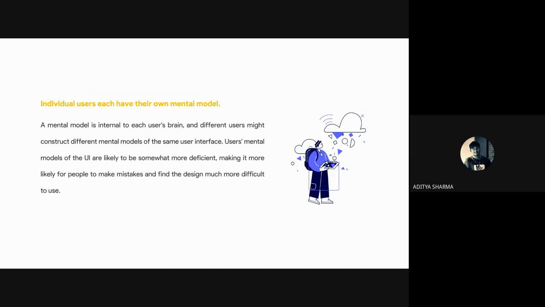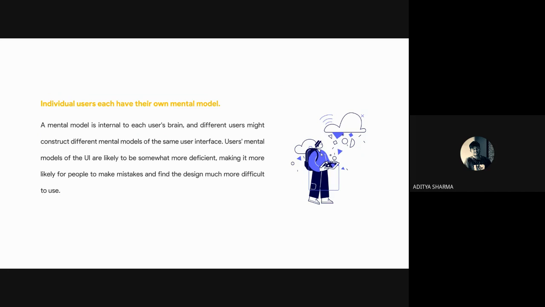Now, individual users have their own mental model, just how I explained with the help of that family example. Individual users have their individual mental model, and they act based on that, right?